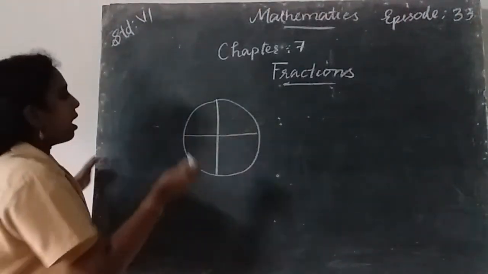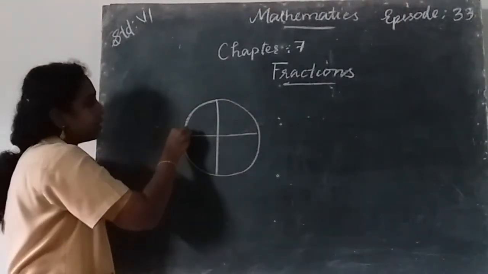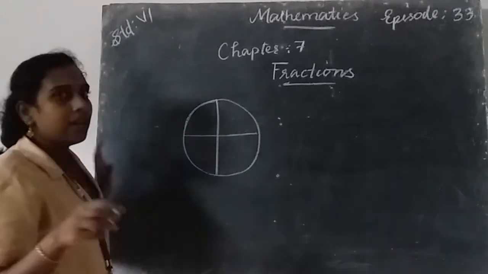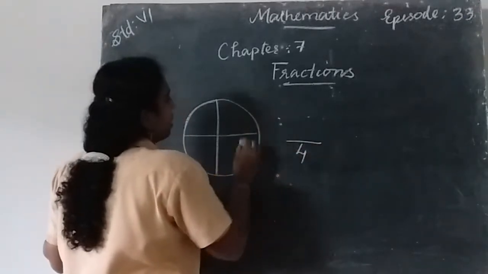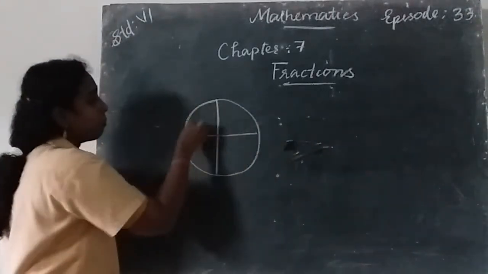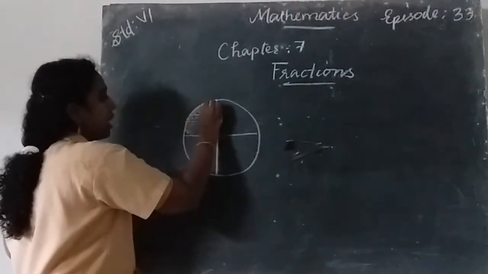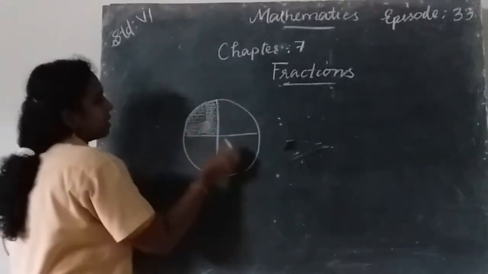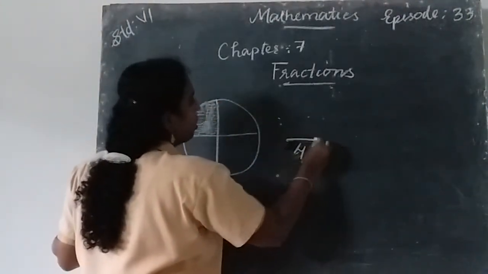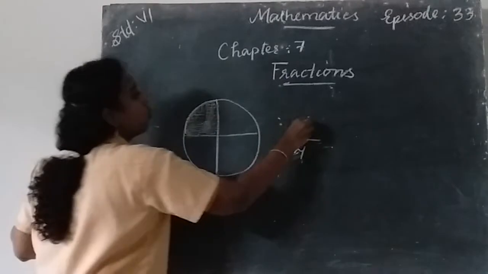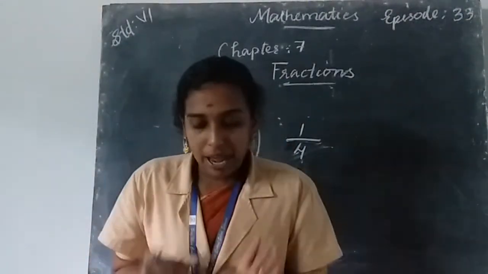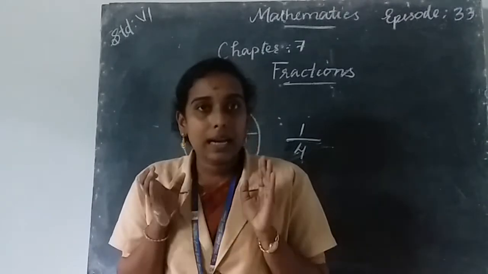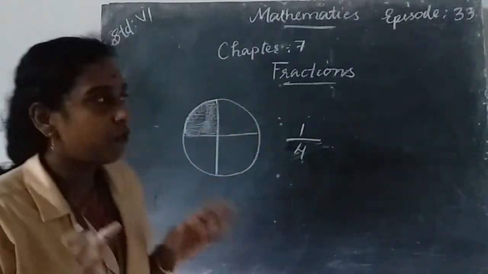Here I divide the circle into 4 equal parts and shade one region. The total number of parts is 4, and the shaded portion is 1 by 4.